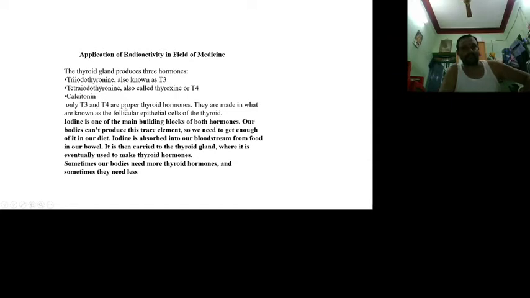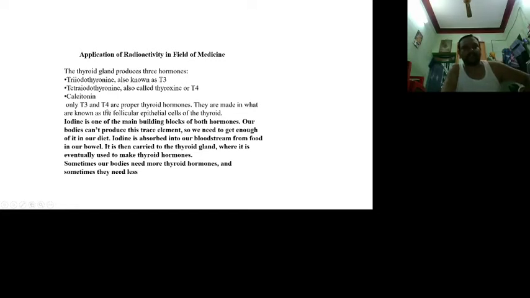These hormones are made in the follicular cells of the thyroid. Hormones are nothing but chemical substances. Iodine is one of the main building blocks of the T3 and T4 hormones.